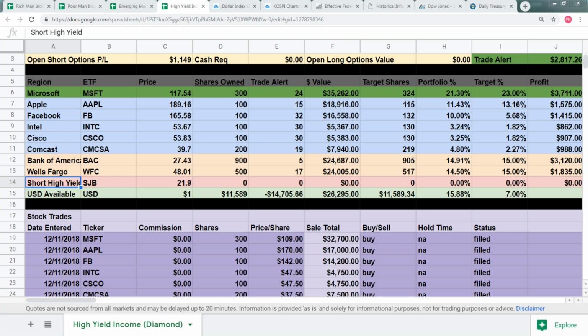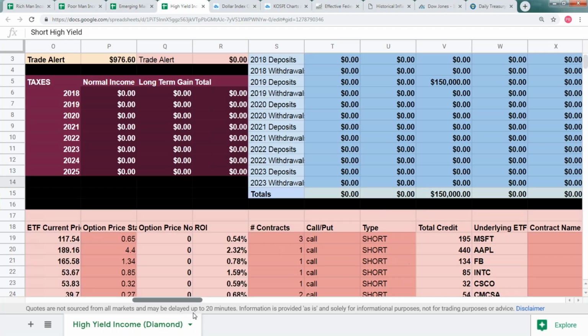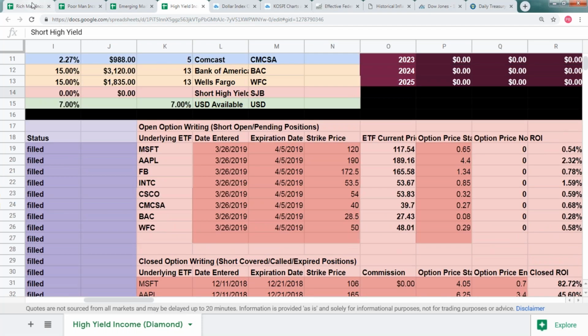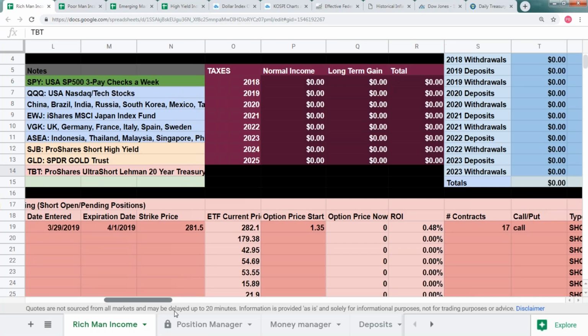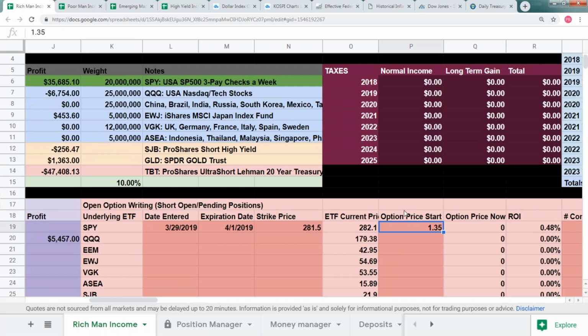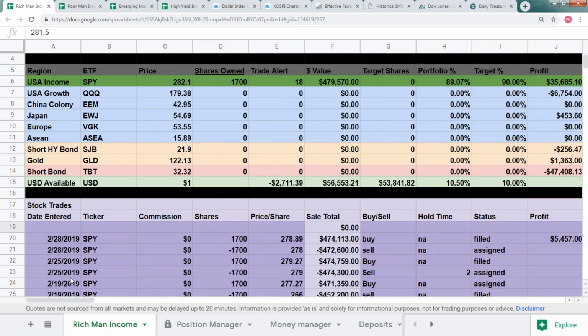Or is that an updated thing that goes on just during the day? This right here? No, over to the left, where you initiate everything. Right here, where you have SPY where it says 282.10.